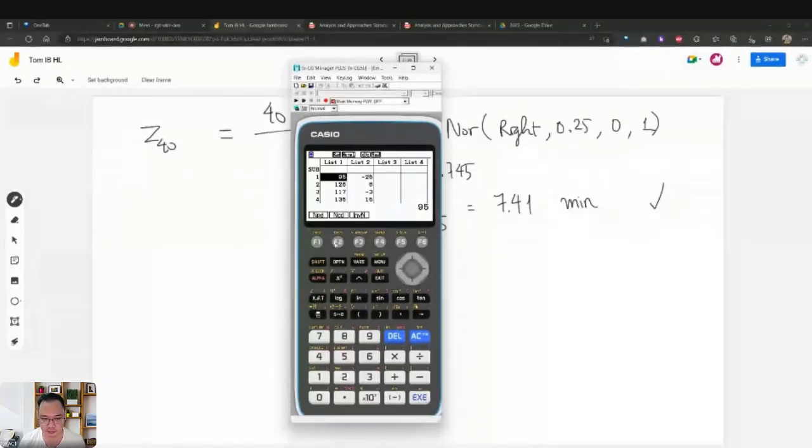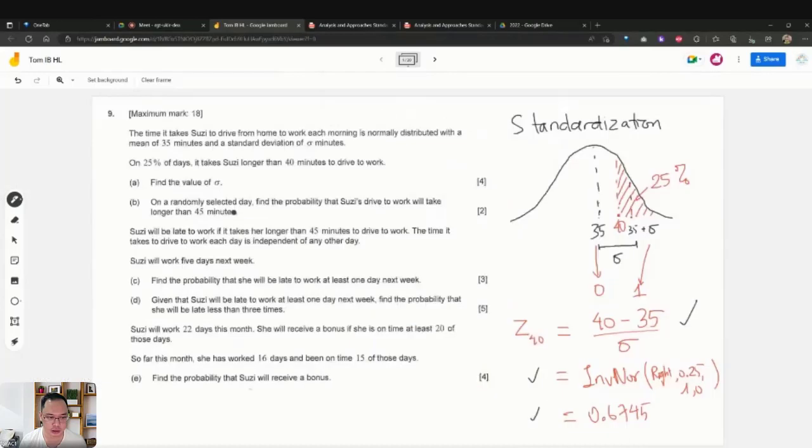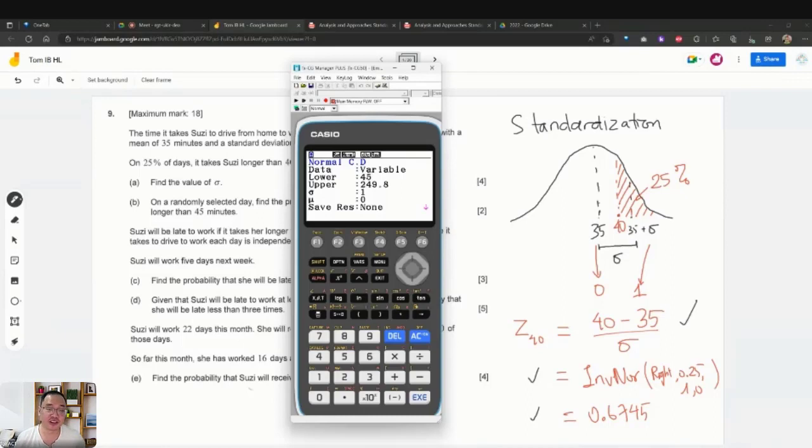And in this case, we'll take the lower boundary to be 45 minutes, because the question is the time she drives to work, more than 45 minutes, from 45 minutes to infinity. Even though the time is not infinite, it can be a few days if she's stuck in a heavy traffic jam.